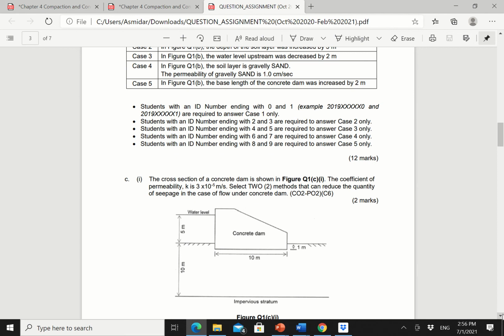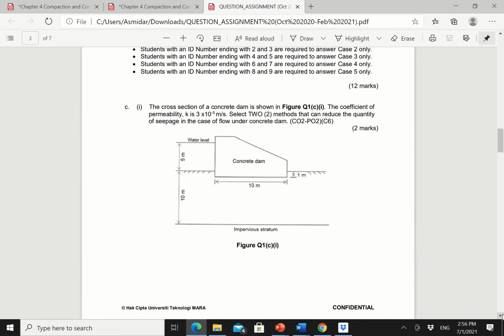Make sure you modify the drawing first based on your case, and you will calculate accordingly. For number 3, this is subsection C. The cross section of a concrete dam is shown in the figure. The coefficient of permeability is given, and you need to give methods that can reduce the quantity of seepage in the case of flow under a concrete dam.